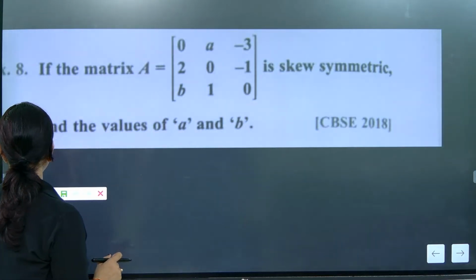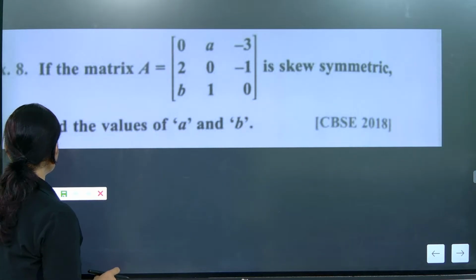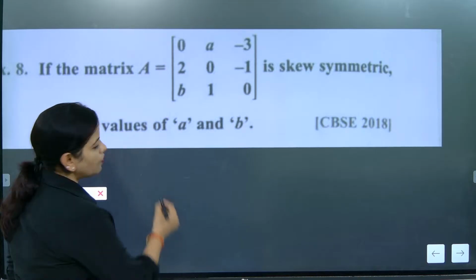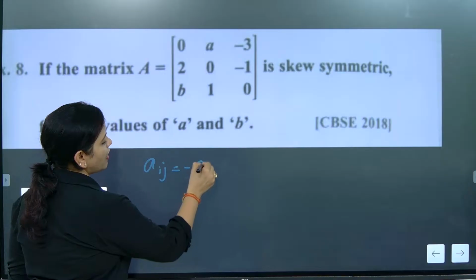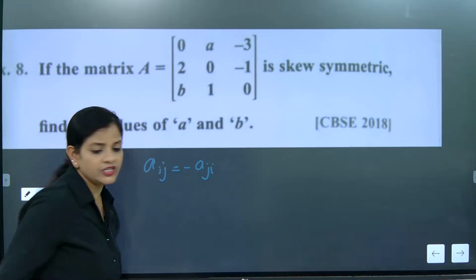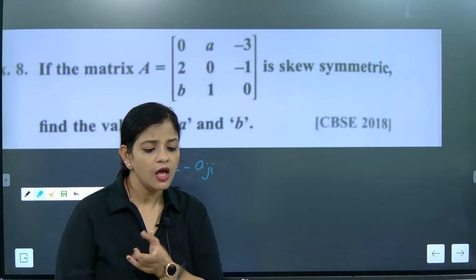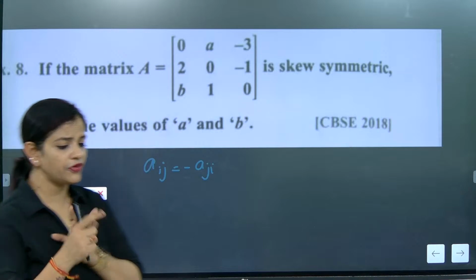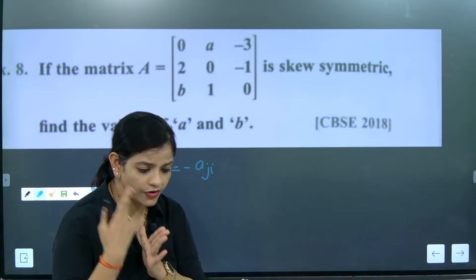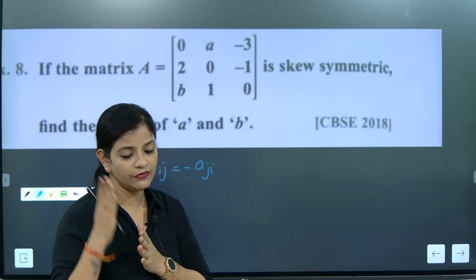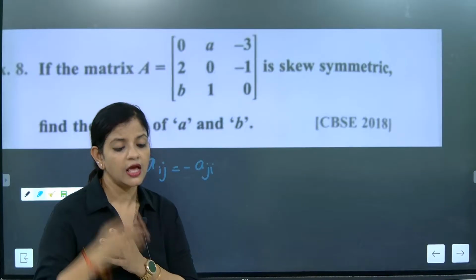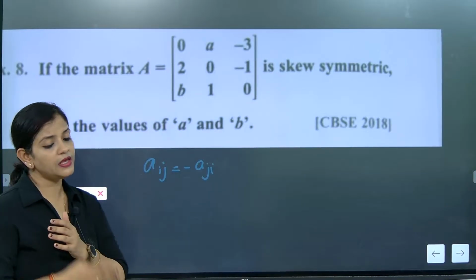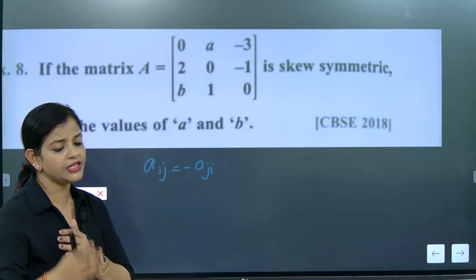Rather than going for a very long extensive solution, we can solve with this one small technique: Aij is equal to minus Aji. I explained a very important point that whenever a skew symmetric matrix is there, Aij will be equal to minus Aji.